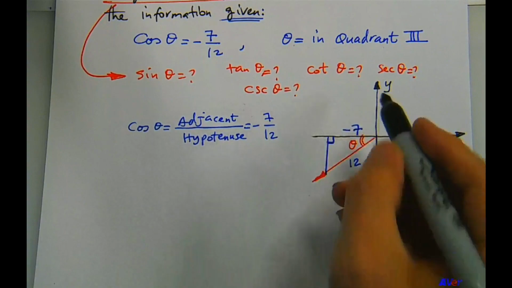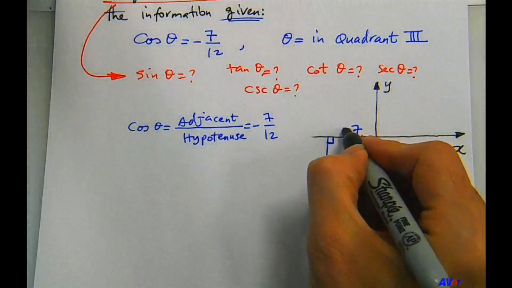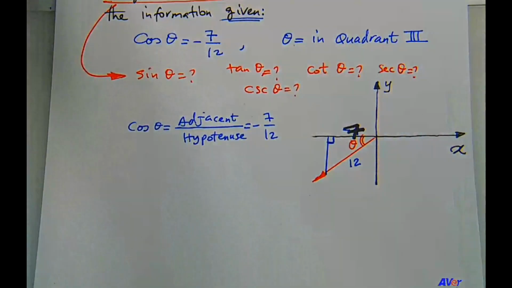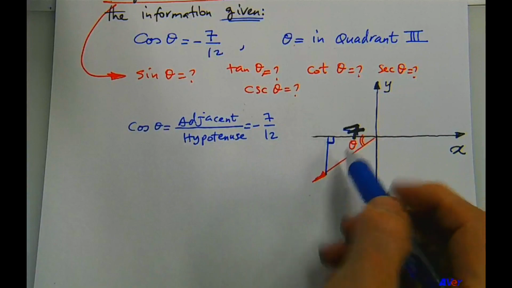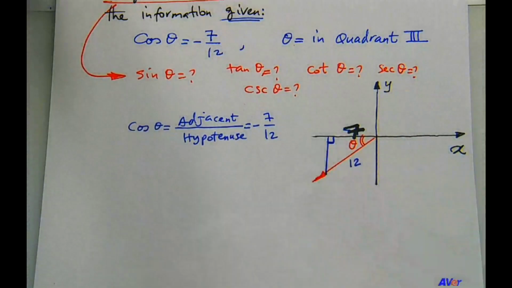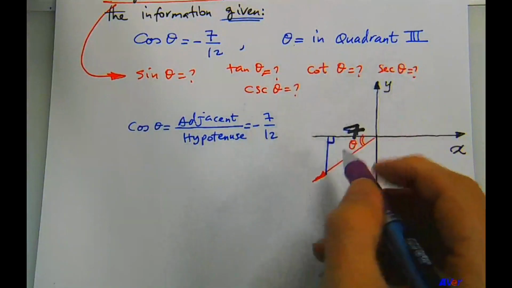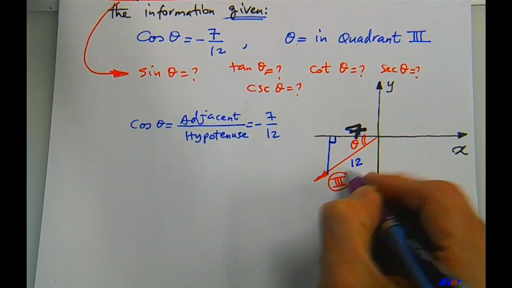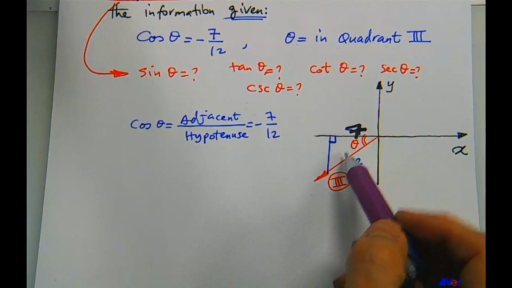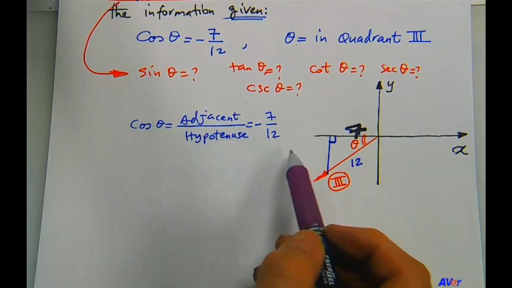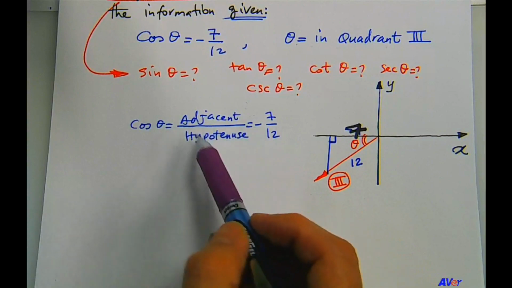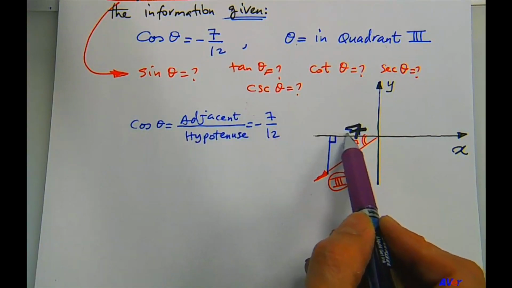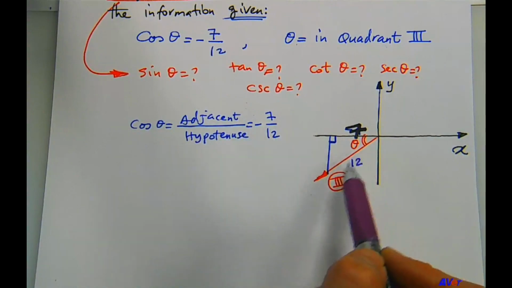So we're in the third quadrant. So this is 7. That distance is 7. But because we are told we're in the third quadrant, naturally the cosine of theta is going to be a negative x value divided by that.